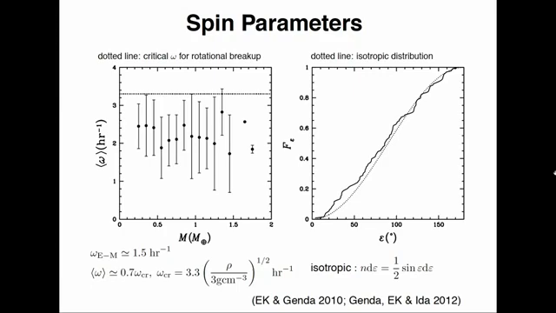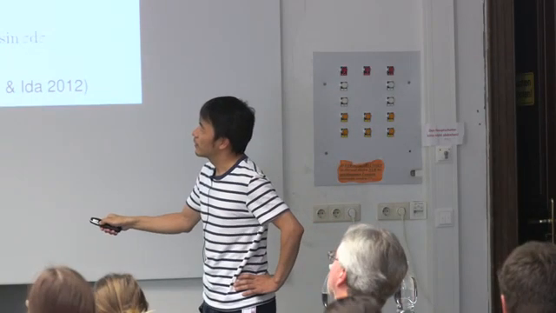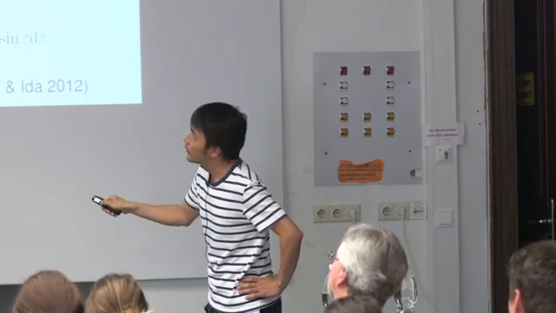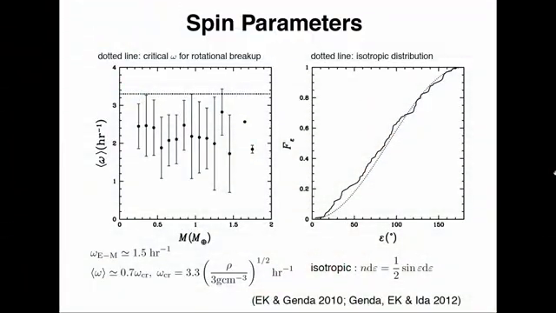The planet cannot spin faster than this, and if the spin velocity exceeds it, then the body fragments. What we found is that the mean spin angular velocity is about 70% of this critical angular velocity, and it's independent of the mass of the planet.